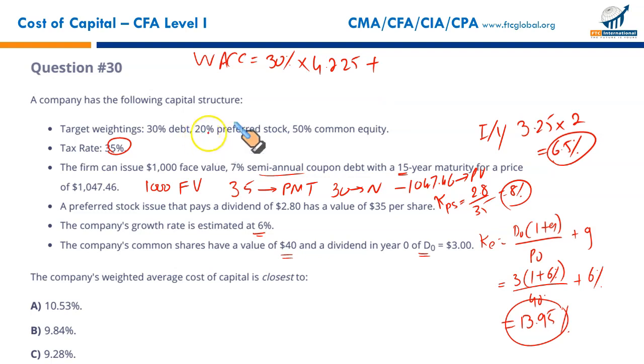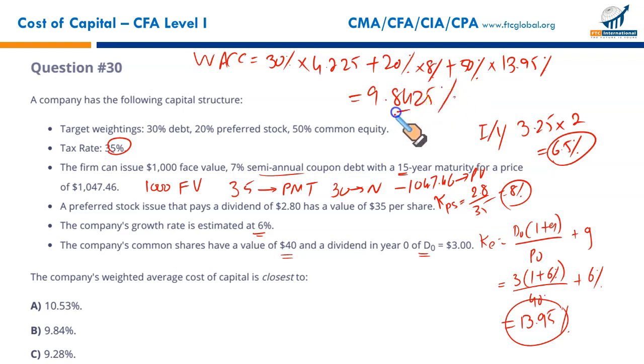Plus 20% preferred stock, the cost of preferred stock is 8%. Plus cost of equity 13.95%, and it is a total of 50% of your total funding. So 0.3 times 4.225, 0.2 times 8 plus 0.5 times 13.95 gives you 9.8425.